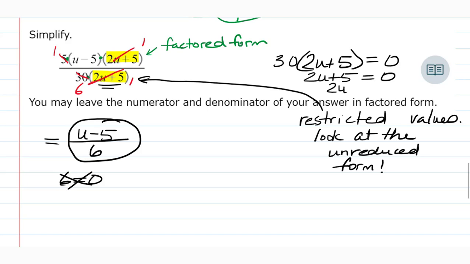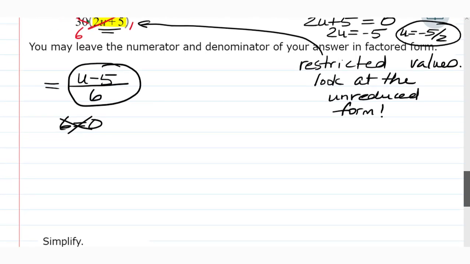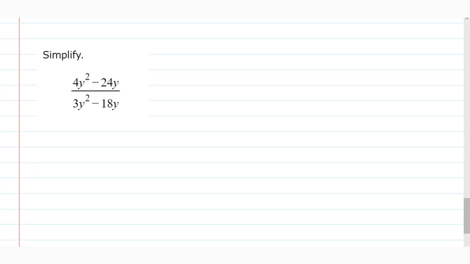Subtracting 5, we'd get 2u equals negative 5, and dividing by 2, we would get u equals negative 5 halves. This would be a restricted value. So again, one more time, when you're finding restricted values of rational expressions and you're simplifying, just remember to find the restricted values first.